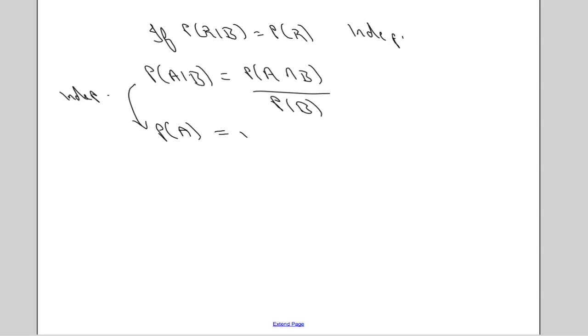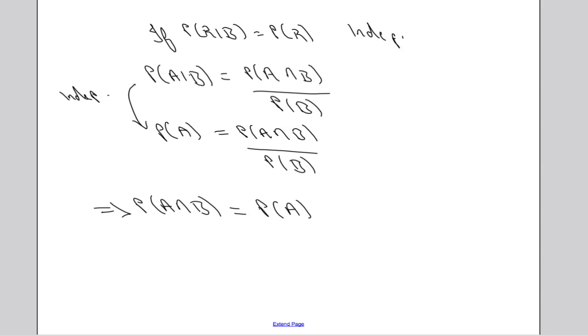So that's going to equal the probability of A intersection B divided by the probability of B. And if we cross multiply, that means the probability of A intersection B must equal the probability of A multiplied by the probability of B. So the probability of A intersection B equals the probability of A times the probability of B, and that's if they're independent.